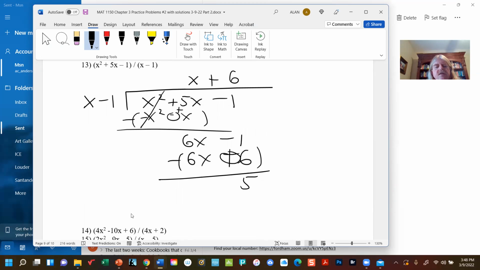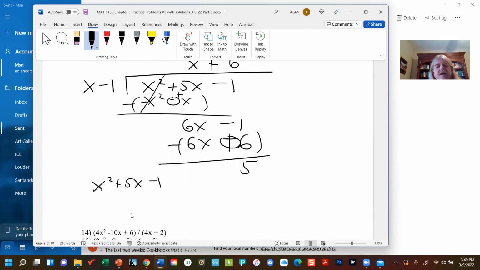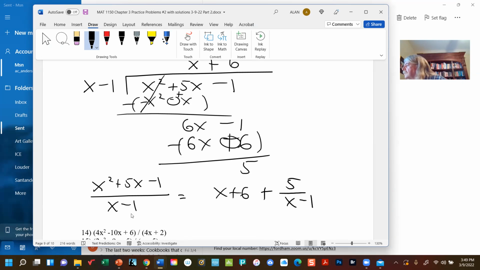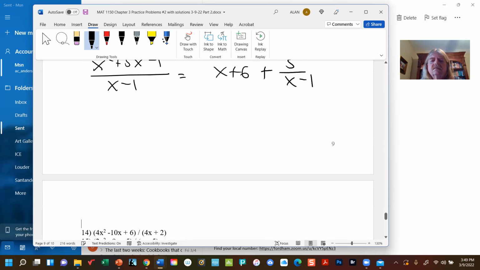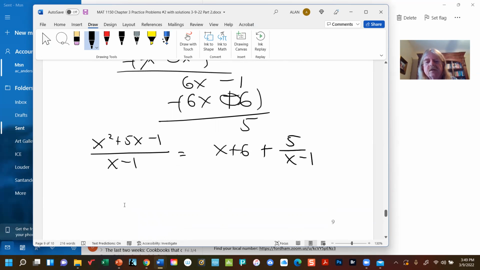So what that means then is that this expression, when divided by x minus 1, equals x plus 6 plus 5 over x minus 1. All right. The remainder is 5. The bottom line is that this is the remainder.